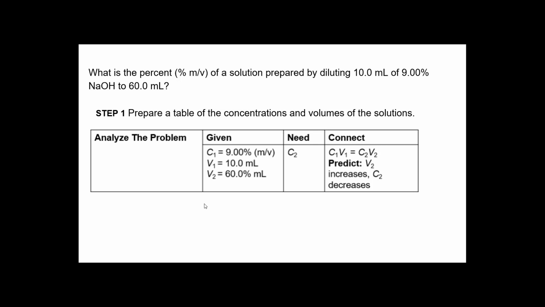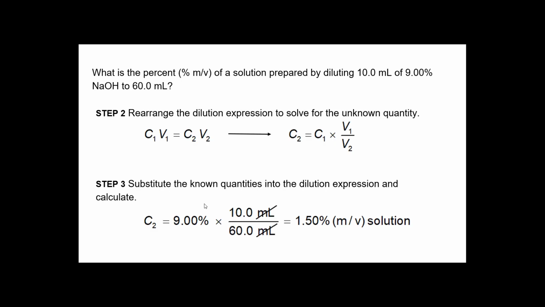We are trying to find the concentration. What do we expect to happen? The volume increases, so the concentration must decrease. We set up for the final concentration, and it ends up producing a 1.50% solution, and that has decreased, exactly what we expected with the volume increasing.